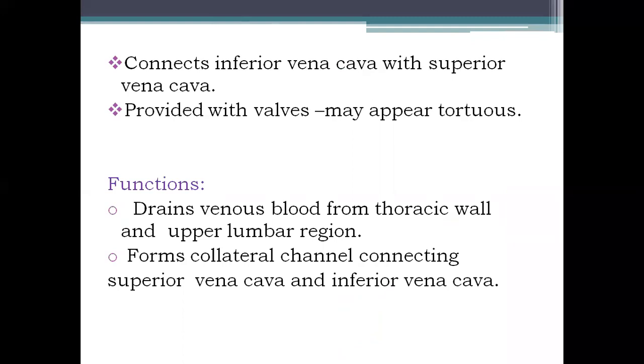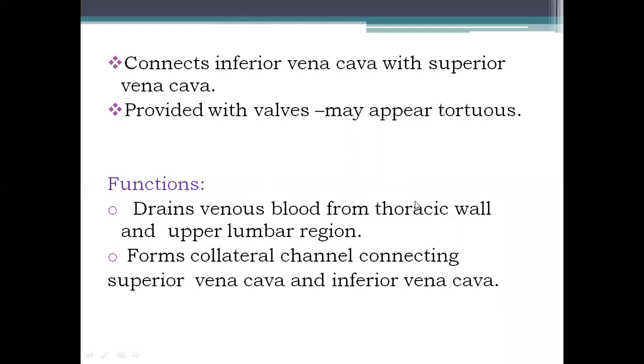What are the functions of the Azygos vein? As we know, it connects the inferior vena cava and the superior vena cava, forming a collateral channel between them. Then it drains the venous blood from the thoracic wall and the upper lumbar region.